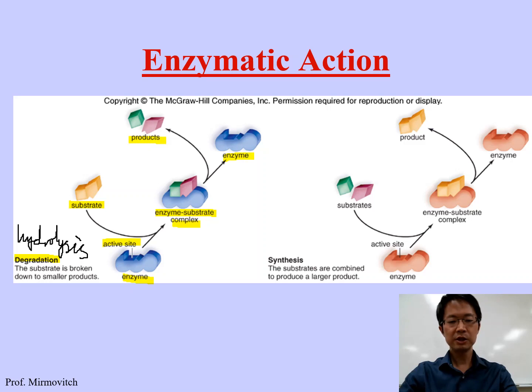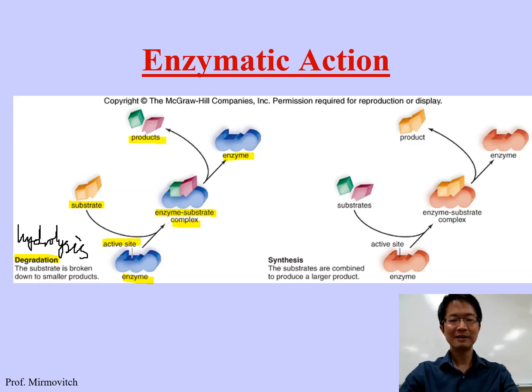Enzyme will release the product after it is formed. You may assume the substrate is maybe sucrose. After binding into sucrase, sucrase is an enzyme that will break down sucrose into what? Do you remember?